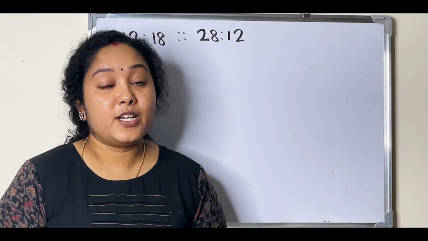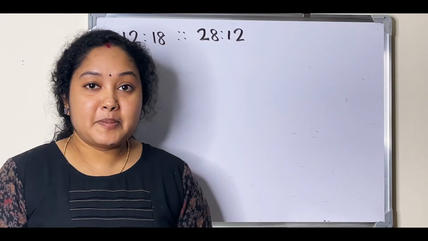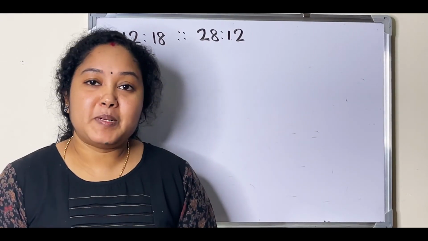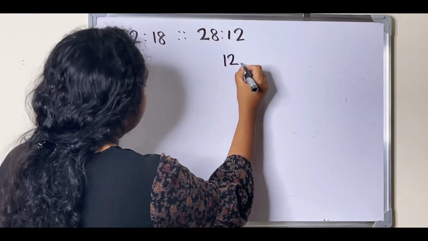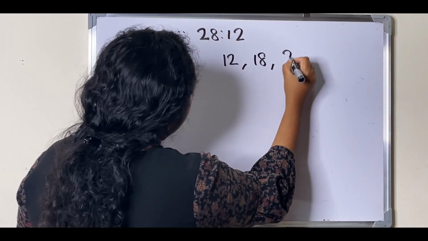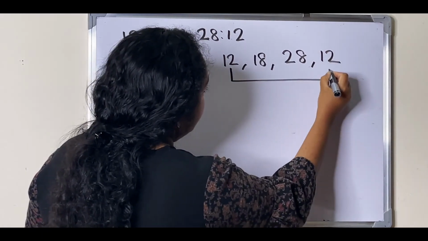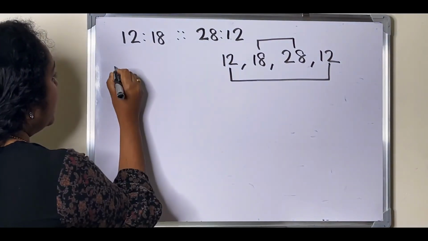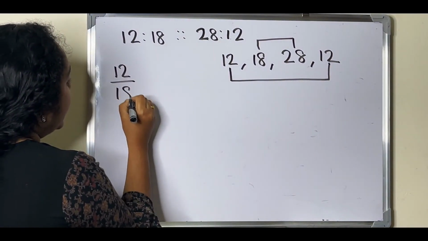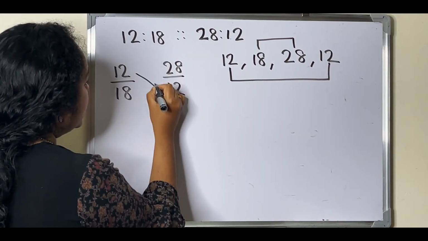Next method is cross multiply the ratio, or multiply the extreme terms and multiply the middle terms. So 12, 18, 28, 12. Multiply 12 into 12 and 18 into 28, or 12 by 18, 28 by 12. Cross multiply.